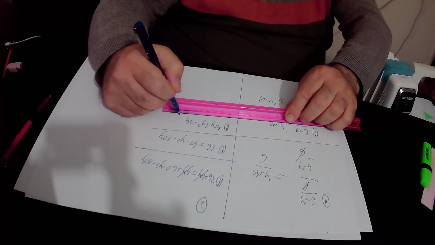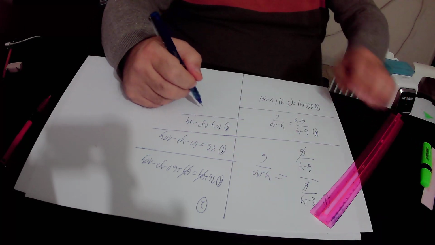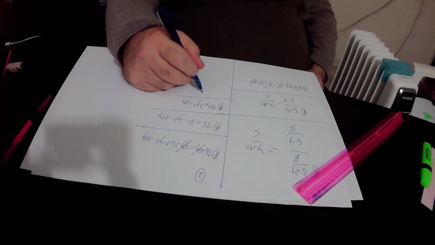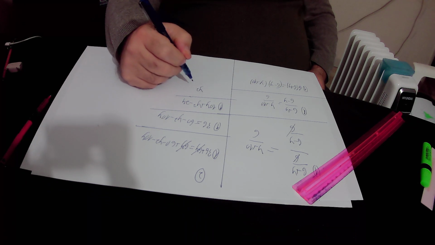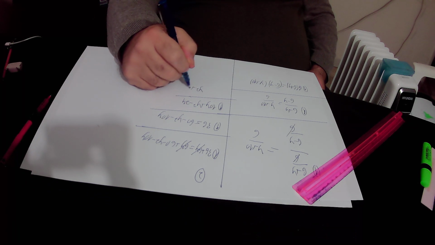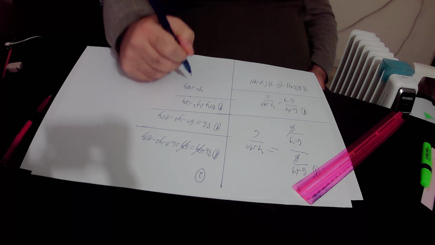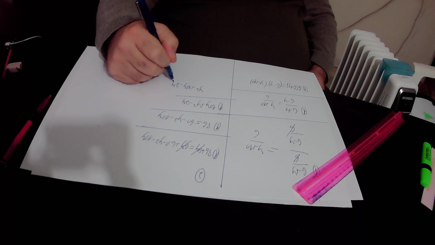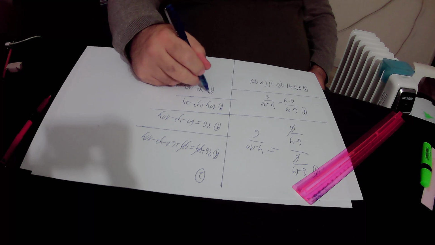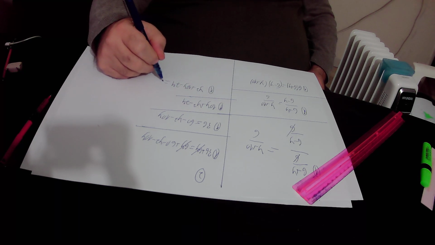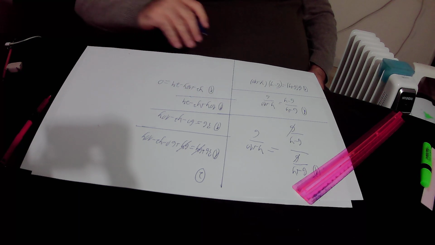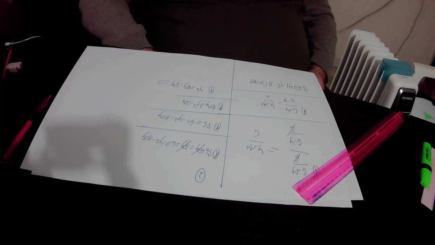So we have a quadratic equation here: y squared plus 10y minus 24 equals 0. Actually, it is exactly the same equation that we got in method 2.